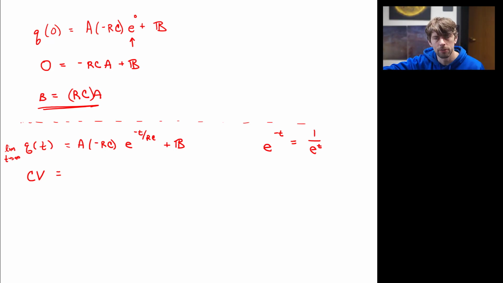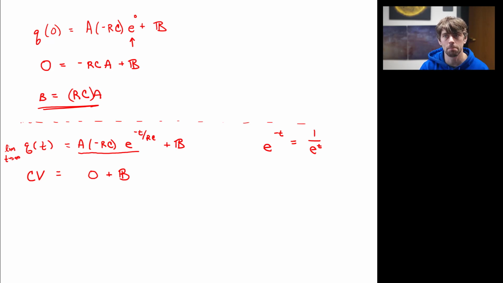Of course, but some really large number divided by some small number is still a large number. So the reality is that this first term in our expression becomes 0. And I get that my constant B is equal to the capacitance times the battery potential.